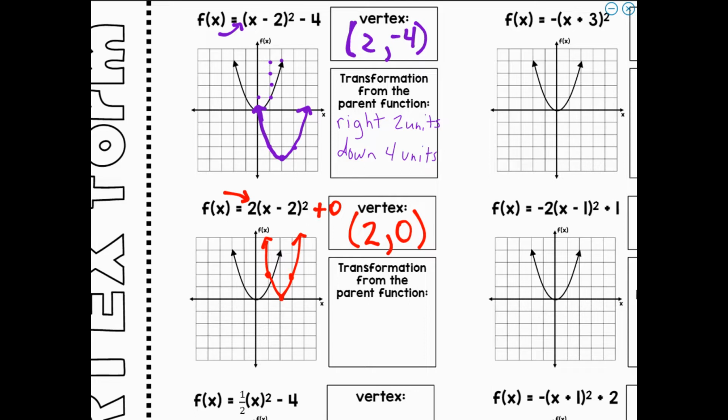So it's a vertical stretch. It gets taller. It actually doubles. From here, it went from 0, 0 up 1 over 1. And now it would go up 2 over 1, just like it would with a slope, because it doubles.